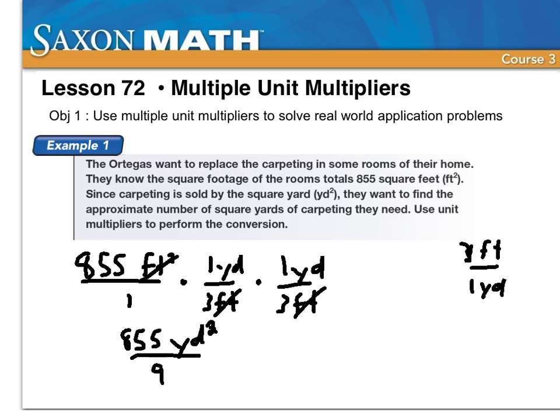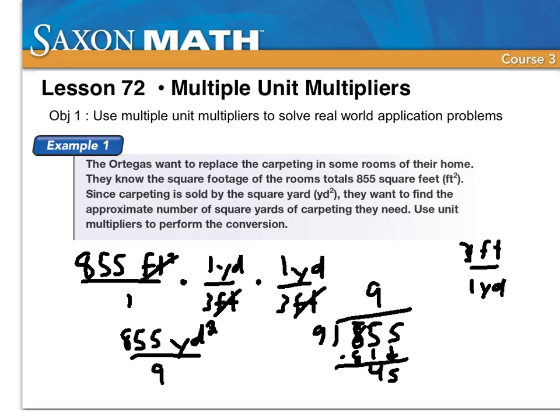Now I need to simplify this, and they want the approximate number of square yards. So I'm just going to round to the nearest whole square yard. I'm going to take 855 and divide it by 9. Well, 9 goes into 85 9 times. I subtract and I get 4 and bring down a 5.